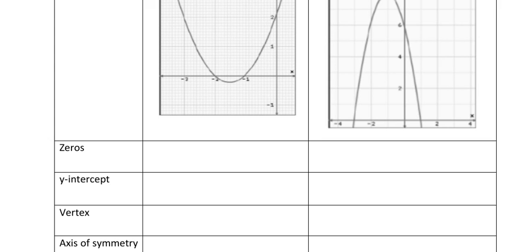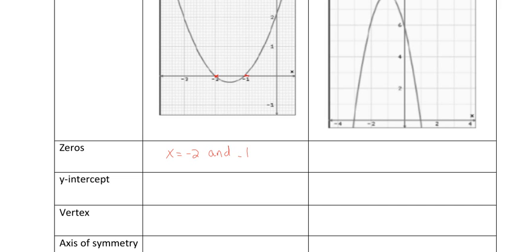Can you guys tell me where the zeros are? And remember, I write the zeros as x equals -2 and -1. So I have the two zeros. One is here, one is here. Okay? Where is your y-intercept?